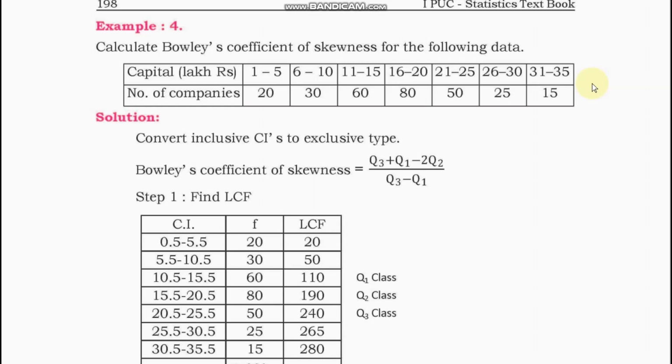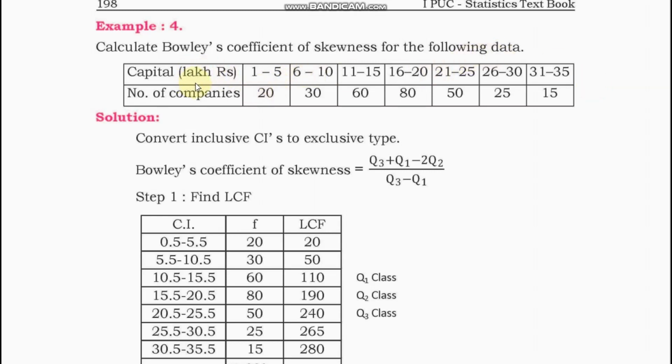So for a given distribution, you also have to check whether the given class intervals are inclusive or exclusive ones. If they are inclusive class intervals, then we have to convert them into exclusive ones before proceeding further.